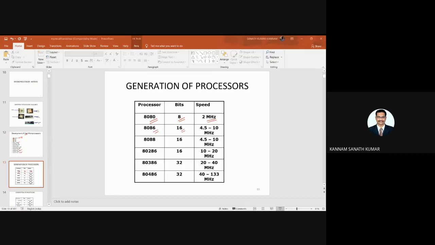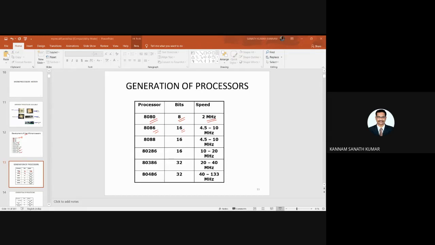So when you give 16-bit data to the 8-bit processor, it will divide that 16-bit data into 8 bits and process the data. Coming to the 16-bit processor, all the registers are 16 bits. Suppose you give 32-bit data, it will divide that into 16 bits and process the data.